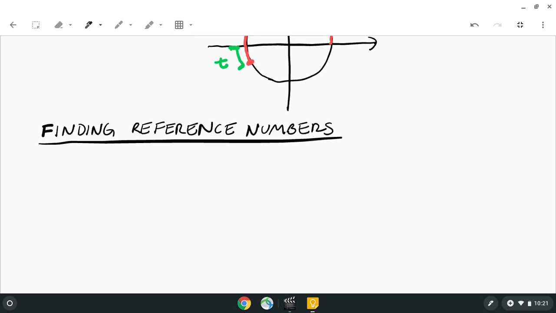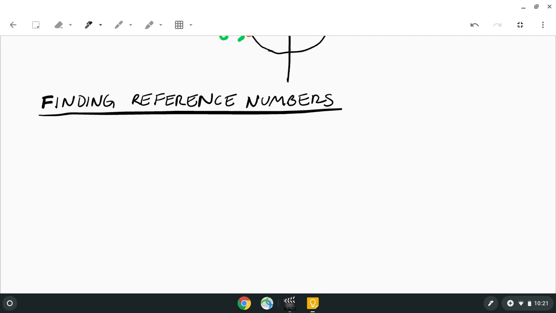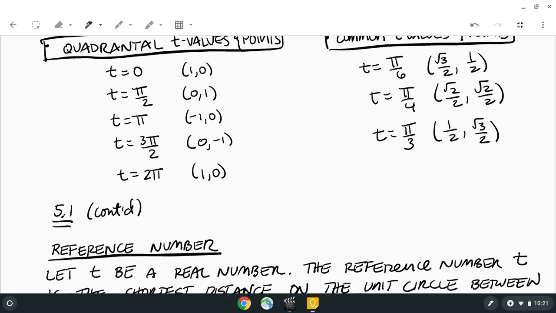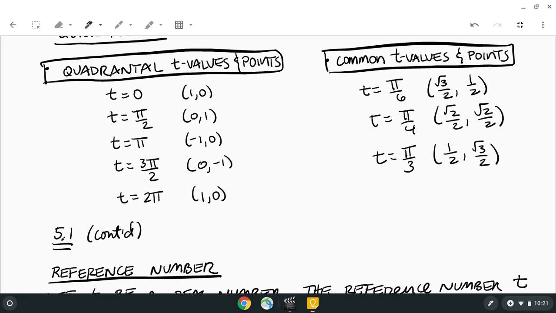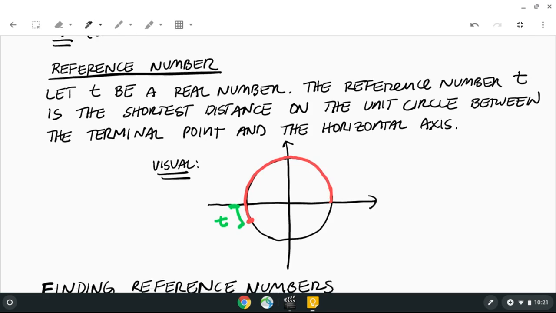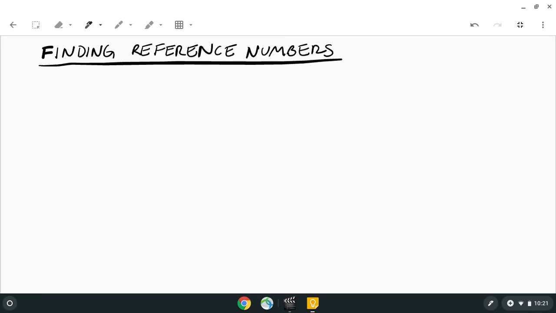They're all going to be related to these here on the chart. The ones I'm going to give you in the examples will be related to these. If you get some other numbers, the whole idea transfers over to whatever angles or distances you have. Let's do a few examples.